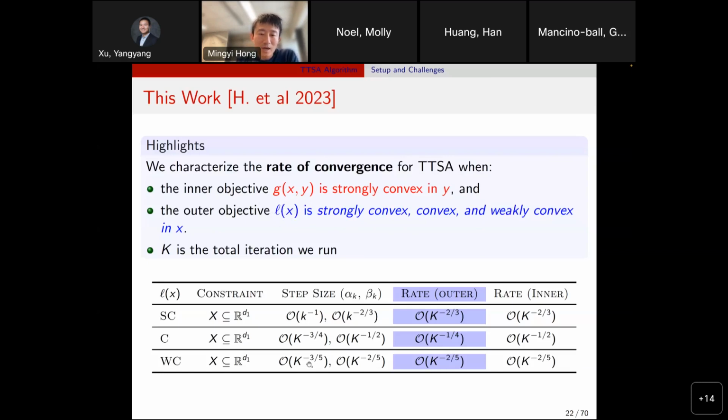In this case, this is our step size choice. Alpha k is k to the power, where capital K is the total number of iterations we run. The choices of alpha k and beta k are listed here. You can see that beta k is bigger than alpha k. And then this specific order leads to the total number of samples we need also being k to the minus 2 over 5. That's the overall result.